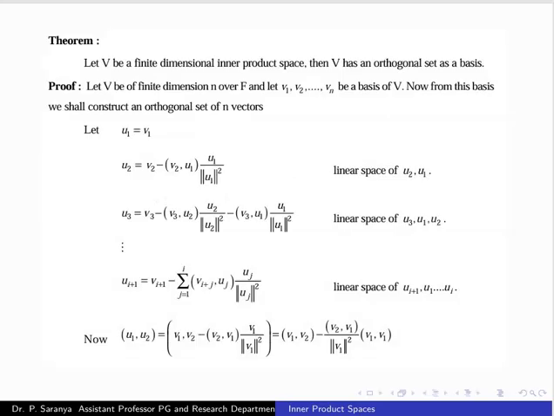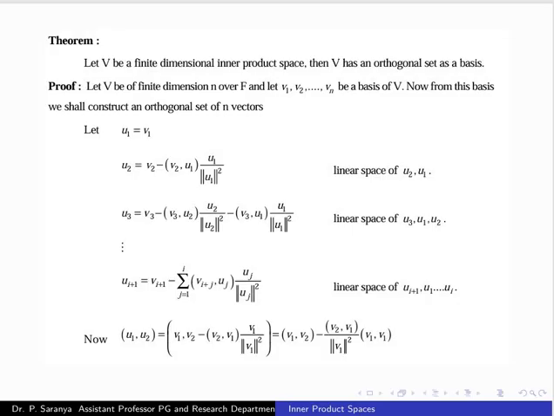Next we see one theorem. Let V be a finite dimensional inner product space, then V has an orthogonal set as a basis. Proof. Let V be of finite dimension n over F and let V1, V2, etc., Vn be a basis of V. Now from this basis, we shall construct an orthogonal set of n vectors.